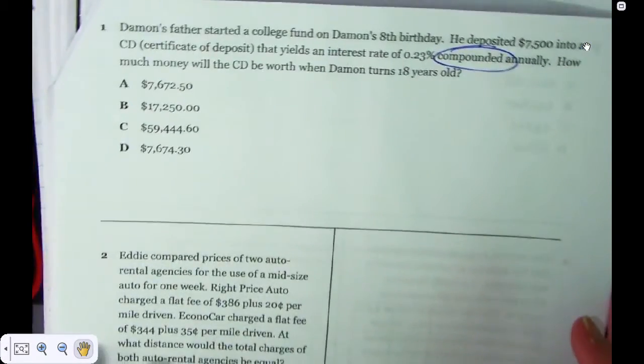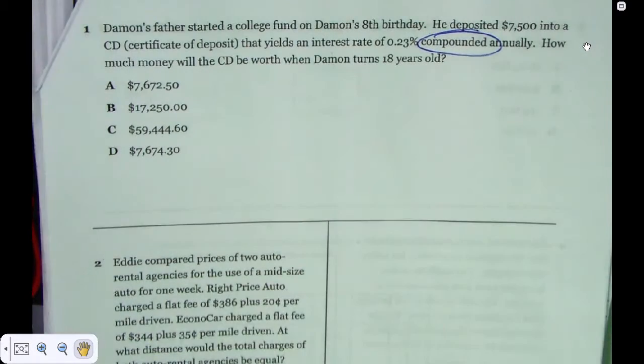So on number 1, we are going to write the formula down. Everybody go write it down on your piece of paper.